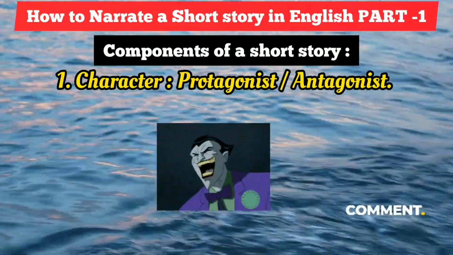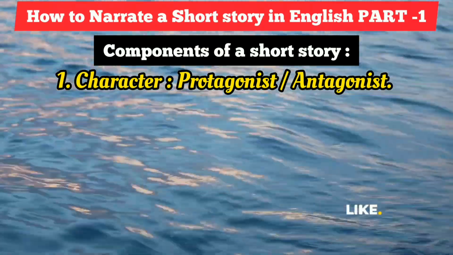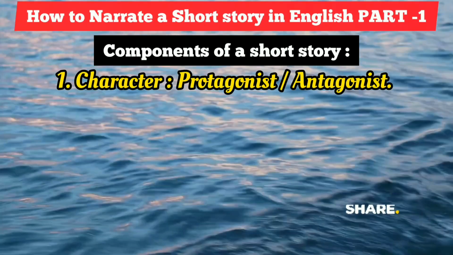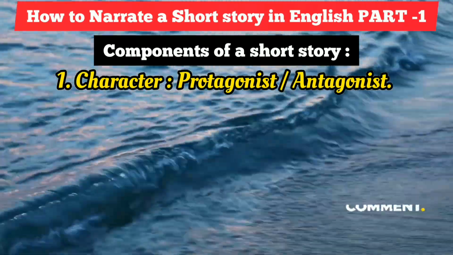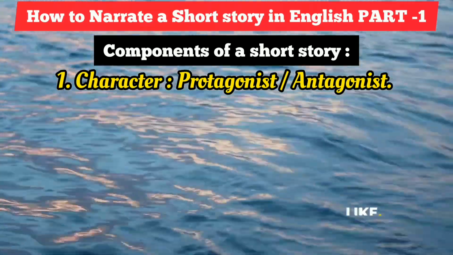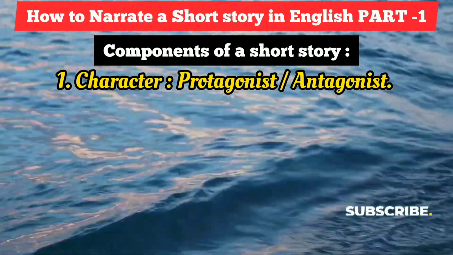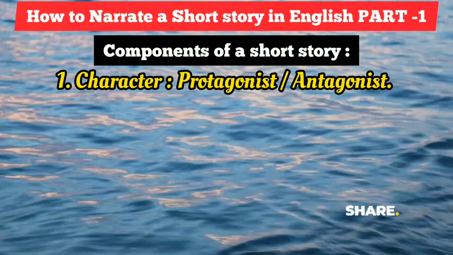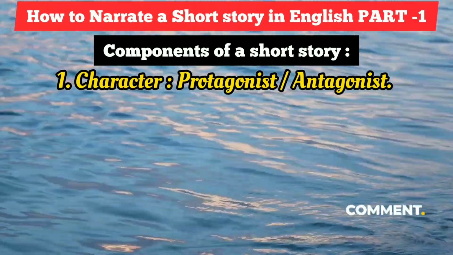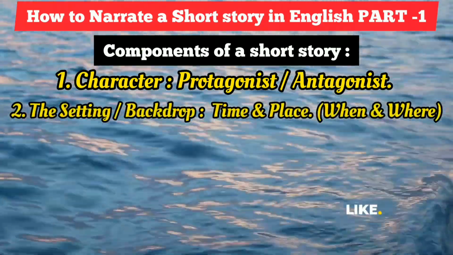As you know, the protagonist is the positive character or the main character, and the antagonist is the negative character, or you can say a villain. So you can have both protagonist and antagonist, and apart from that there can be other multiple characters revolving around the protagonist. So that's the first component, and the second component is the setting or the backdrop.